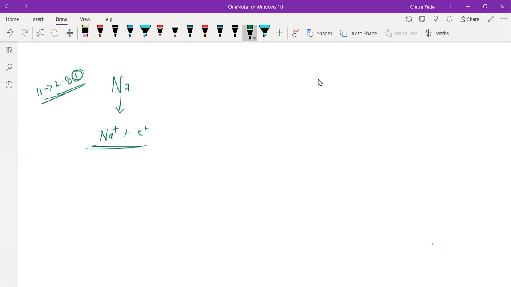Now we are reacting sodium metal with water, H2O. Water contains H and OH bonds. Let me write it as H, O and H bond. H2O is H2 and O. So when sodium comes in contact with a water molecule, one of the bonds will break.